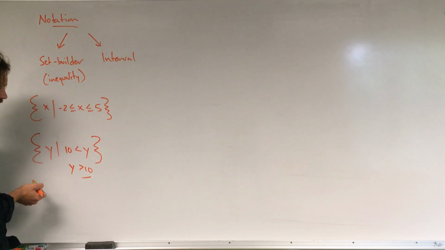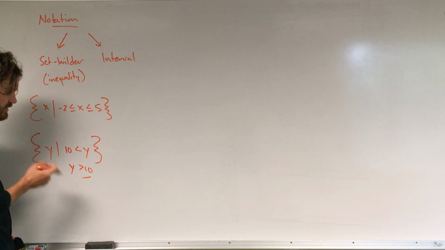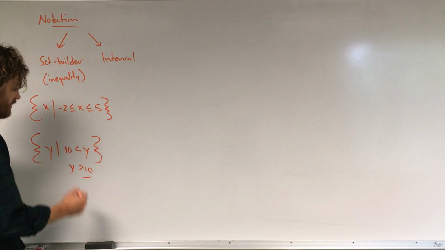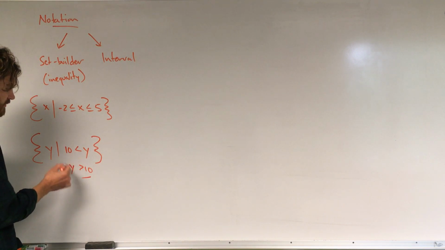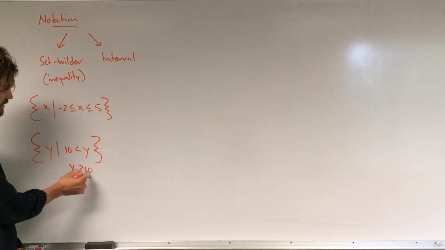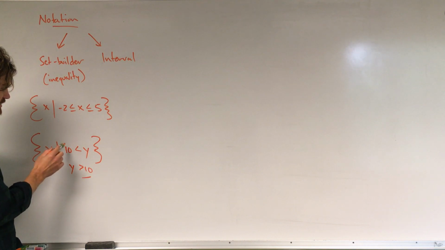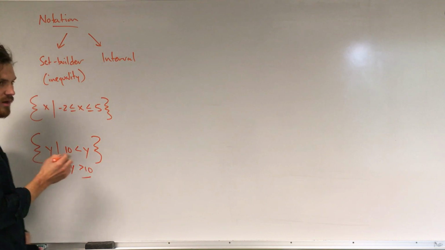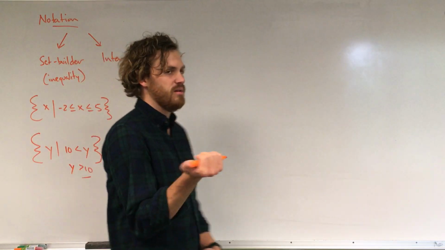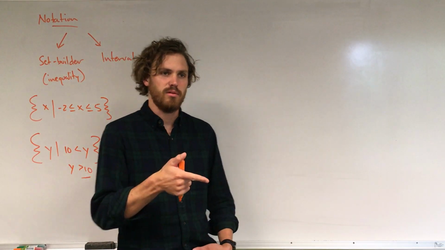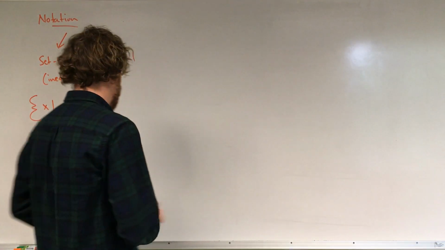This is just a little bit nicer way to write it, I think. Personally, that's my own preference. But normally, I think you'll see the variable coming first. Y is bigger than 10 is the same thing as saying 10 is smaller than y, right? You are taller than your sibling is the same as saying your sibling is shorter than you. Just depends on where you start the comparison.